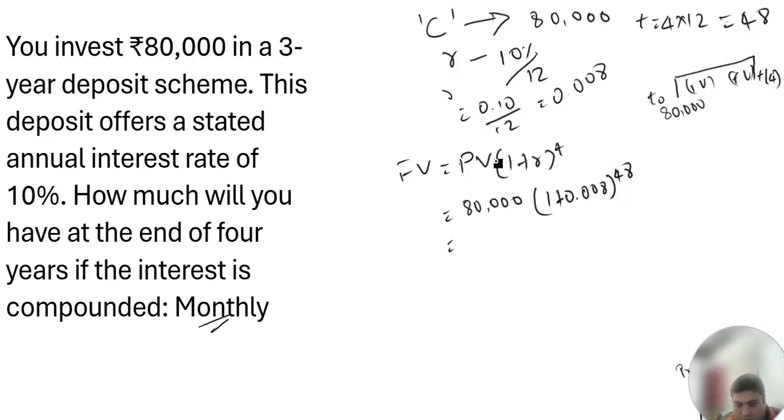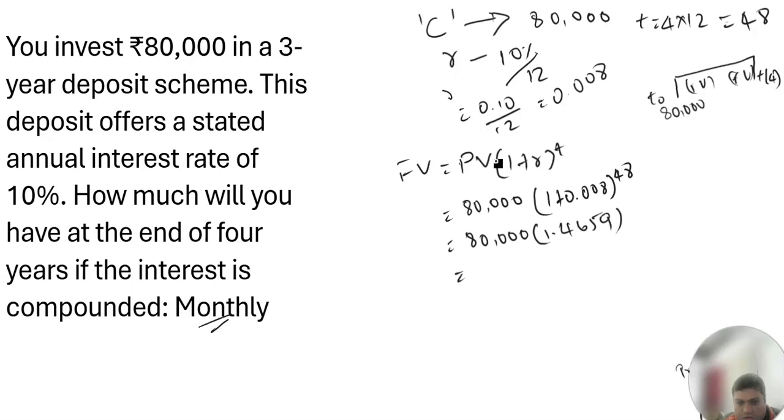If you do that, you get 80,000 into 1 plus 0.008 to the power of 48, which is 1.4659 into 80,000. So you're going to get 1.4659.